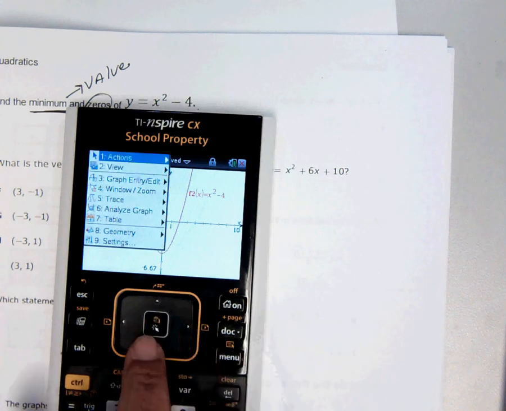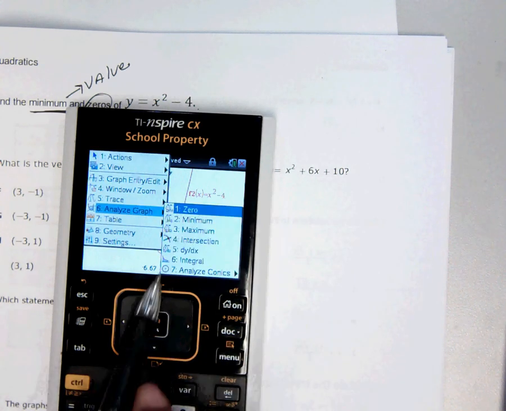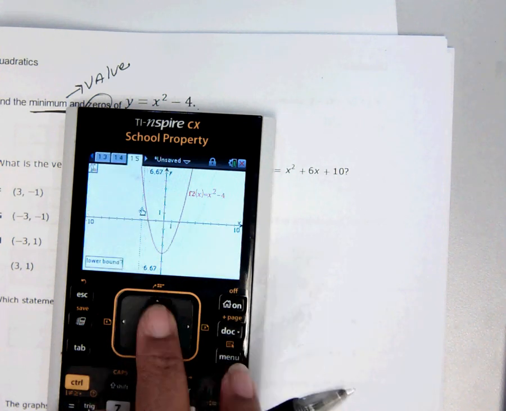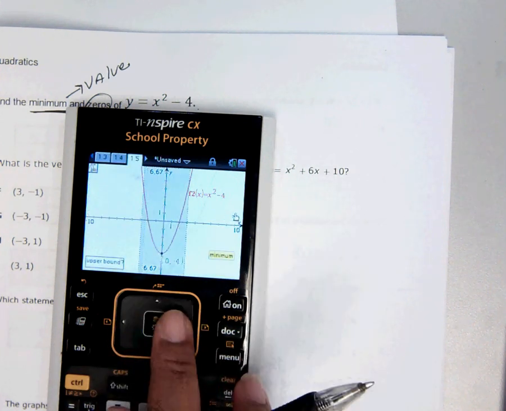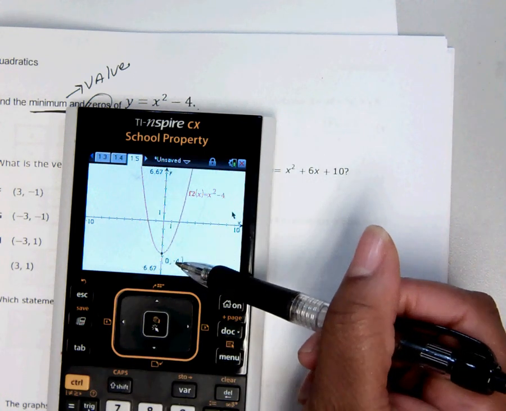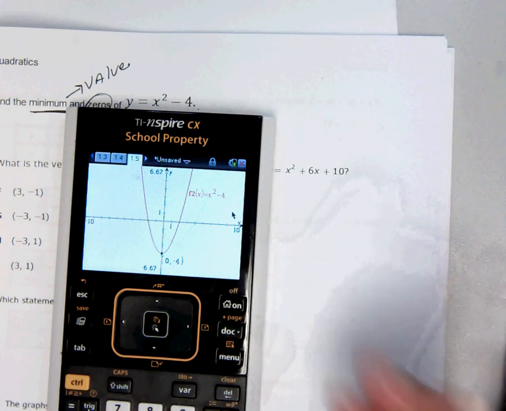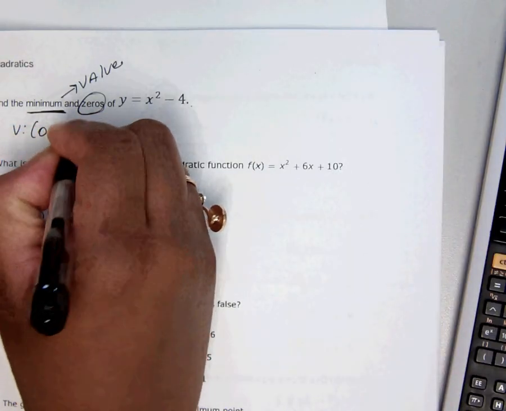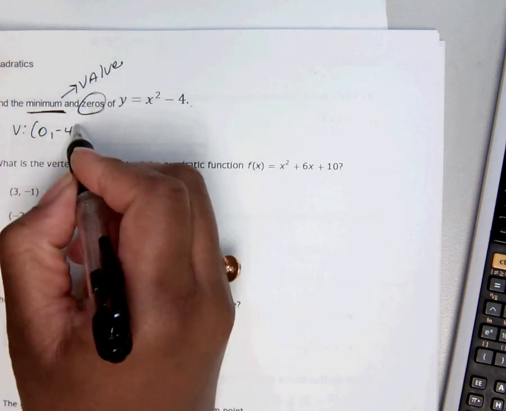Menu, 6, analyze, and the minimum is at 2. So go to the left, then go to the right, and there is my minimum point. The vertex is (0, -4). Well, since the vertex is (0, -4), the minimum value is just the y.